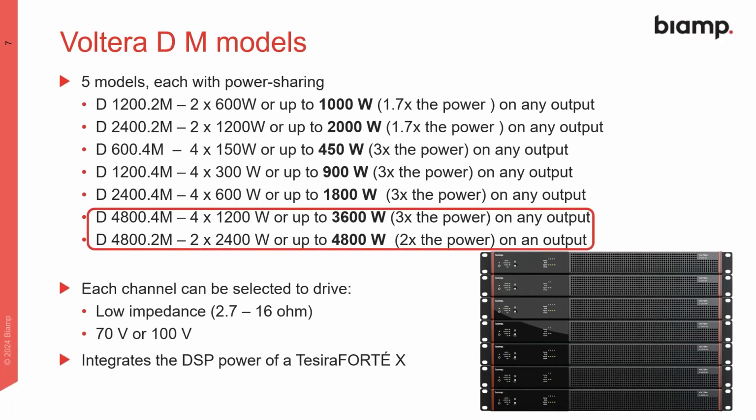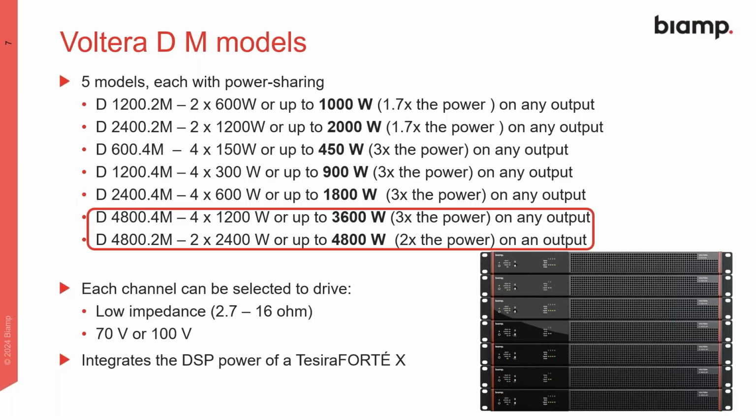The Voltera M models of the 4800, we have a 4-channel or we have a 2-channel version of these systems. So whether you need, in the case of the 2-channel, two 2400 watt channels or one 4800 watt channel into your load, it's worth noting that the 4802M, even if you don't need the M part, is 10% less cost than a 4804.